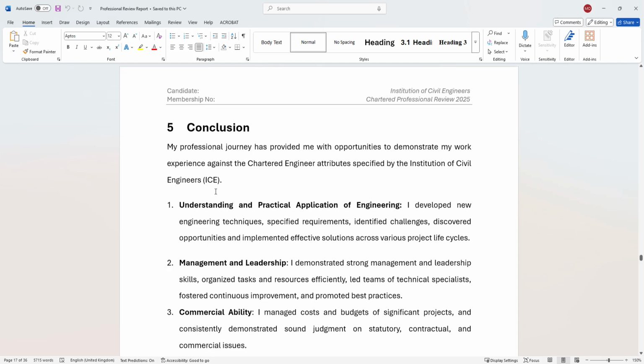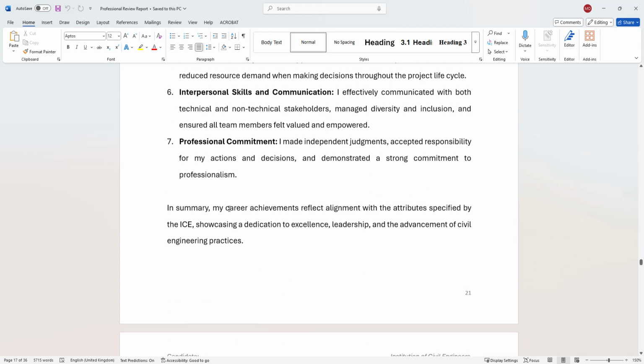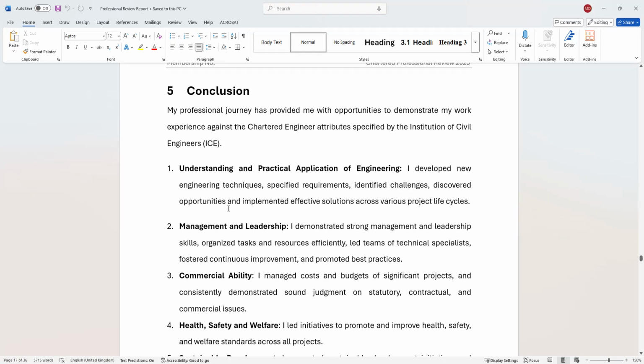Conclusion, very important. So the candidate goes through the 7 attributes and gives a summary of what they have done. So if you look at the first one, attribute 1, understanding and practical application of engineering, the candidate says, I developed new engineering techniques, specified requirements, identified challenges, discovered opportunities, and implemented effective solutions across various project life cycles.